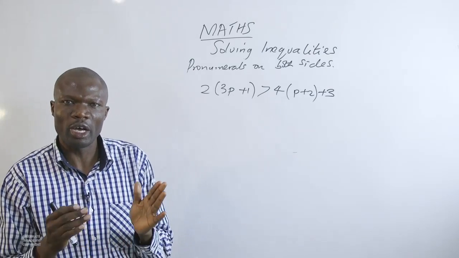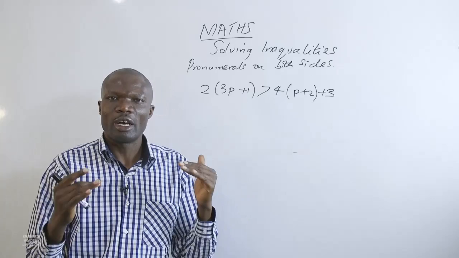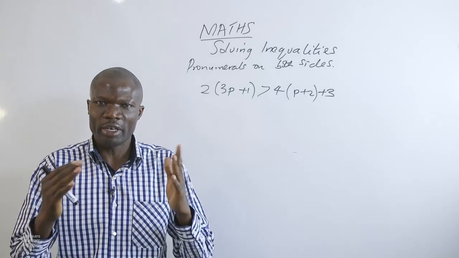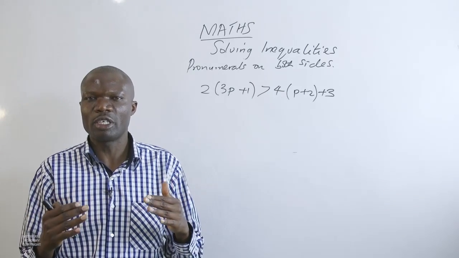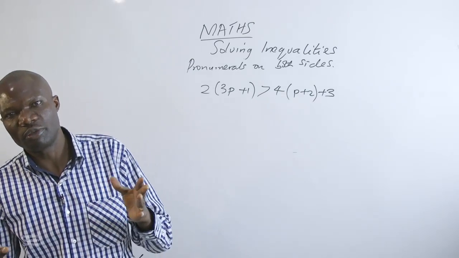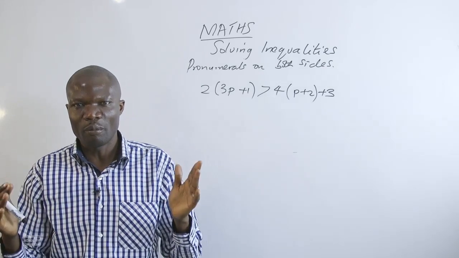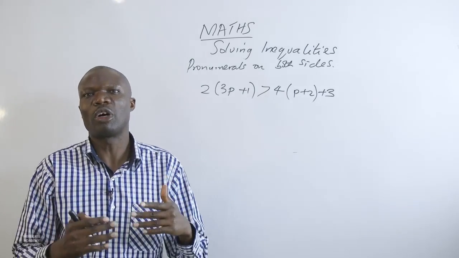Sometimes we have an inequality, and in this inequality this time we have brackets. If we have an inequality which is in brackets, we should not see it differently. We should just be able to handle it the way we have handled other equations with brackets, by first expanding.